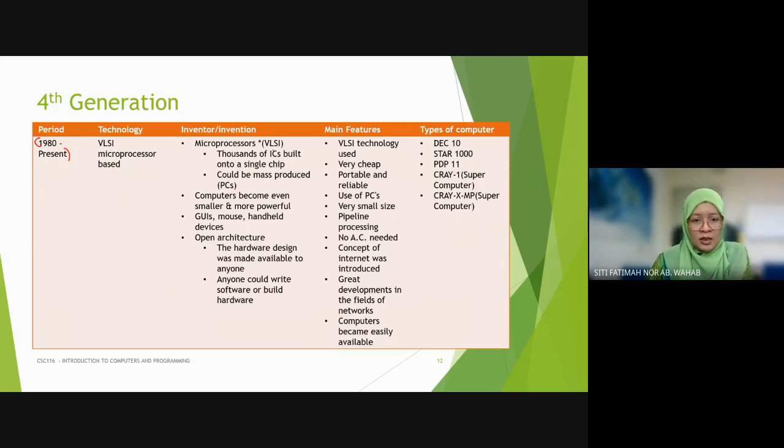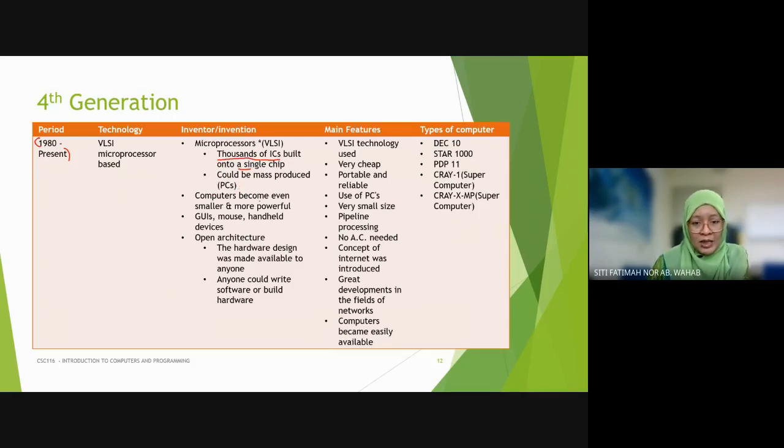The invention of the VLSI microprocessor has thousands of ICs built onto a single chip, and it could be mass produced. So you can build your PC.